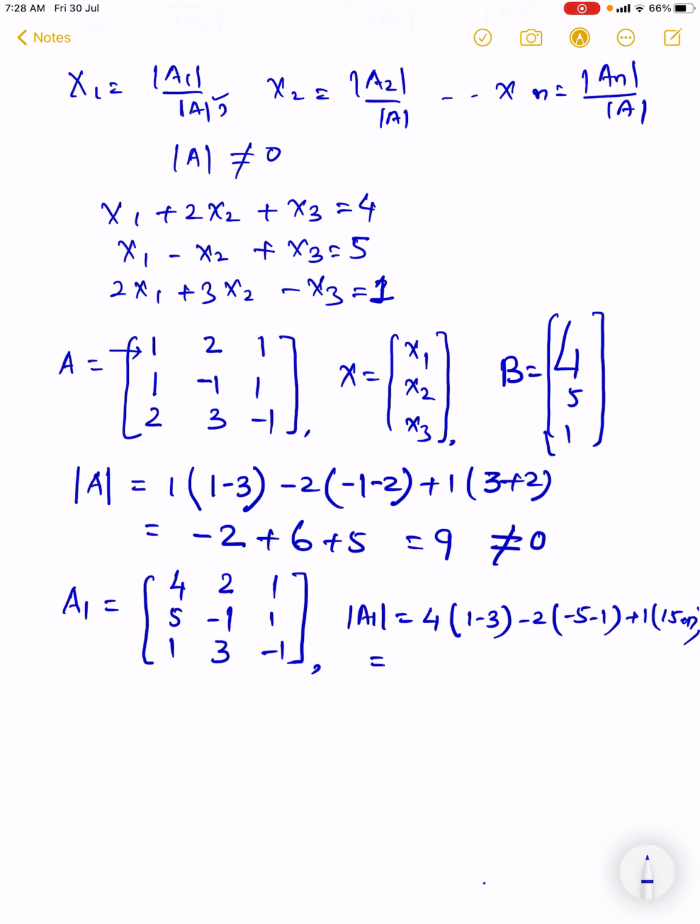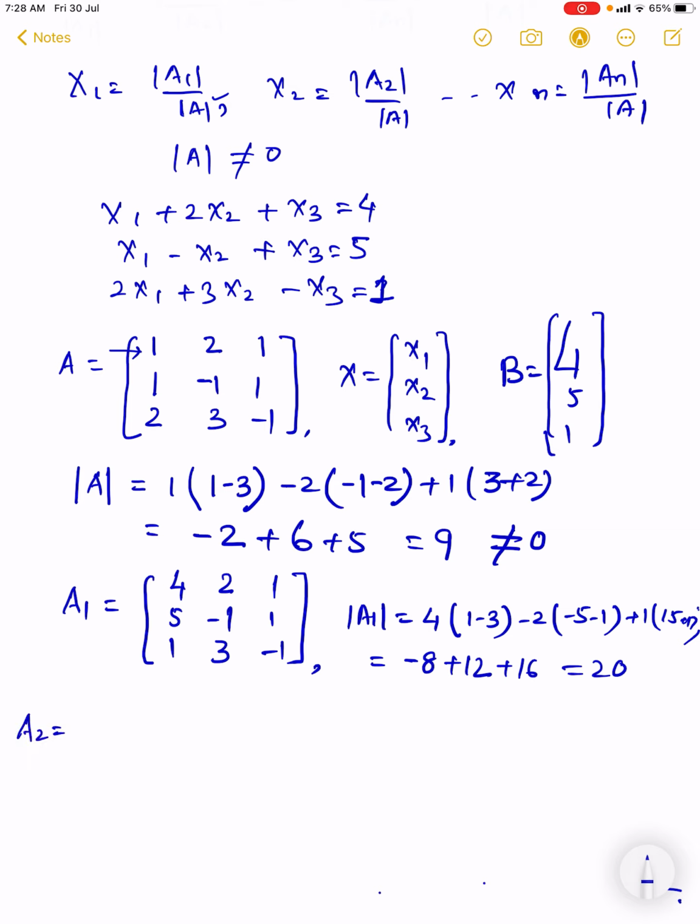So this is minus 8 plus 12 plus 16 is 20.